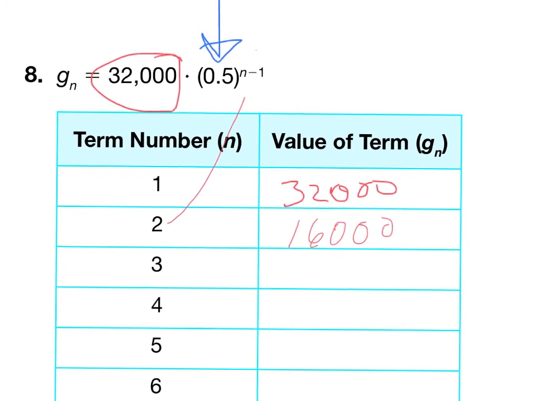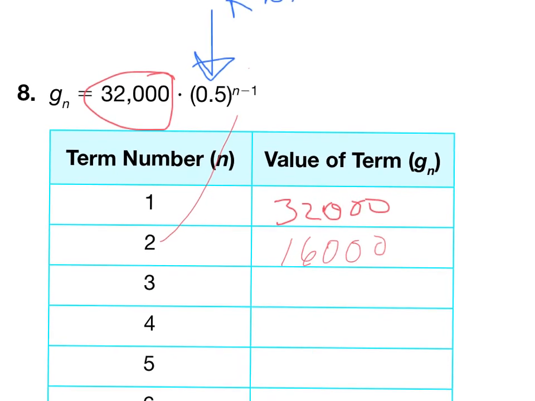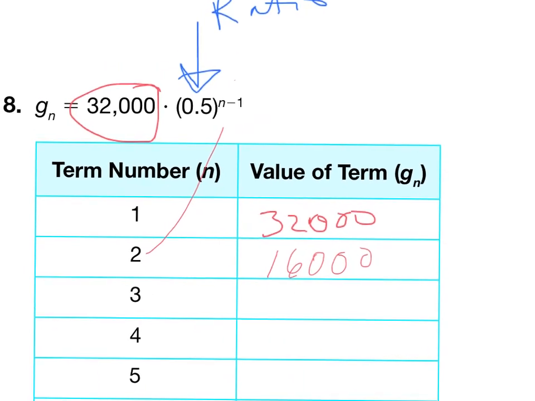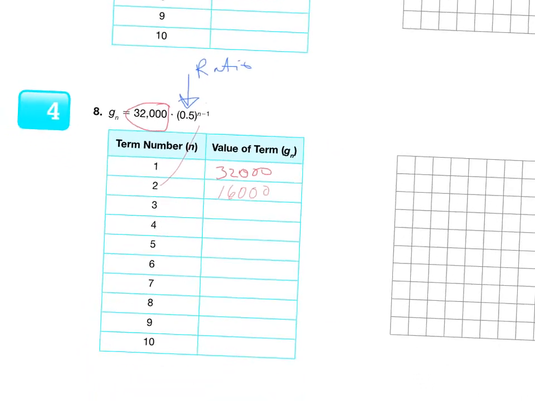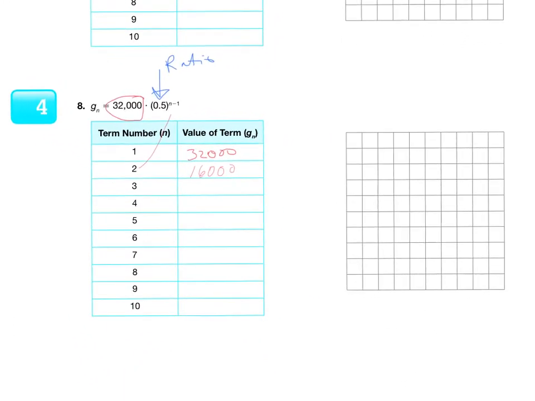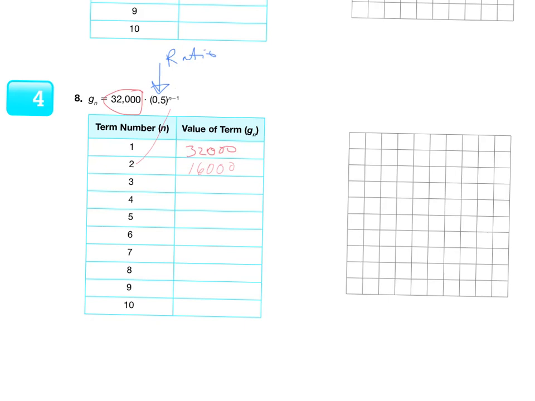The multiplier is half, so just get half of that, 8,000, and so forth. And then when you graph it, make sure you put your scale on your grid to figure out what is a good way to get 32,000 as your highest and coming down. It should look something like this, okay, with dots, of course. It looks like I don't have an undo button. I'm sorry. All right, so it's going to be dots with a reverse exponential negative.